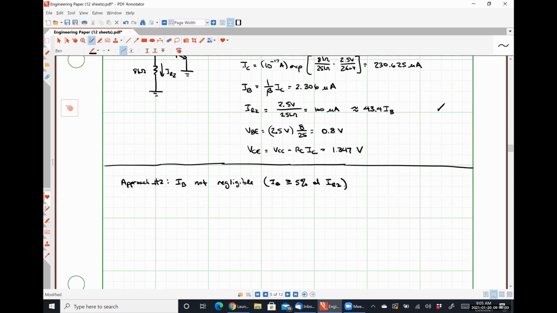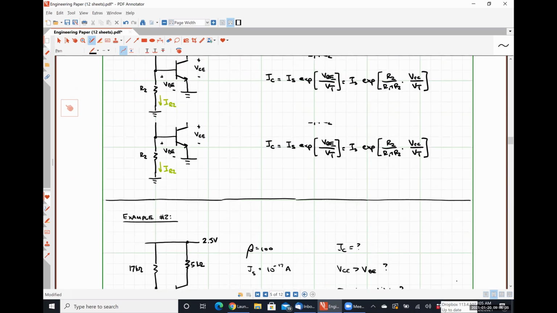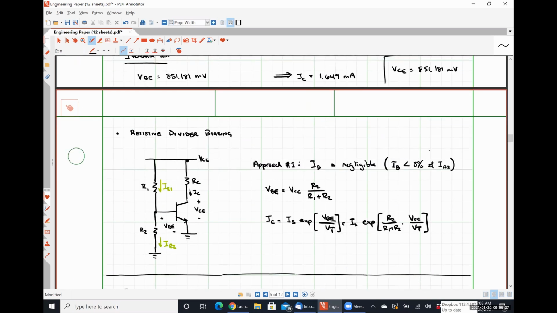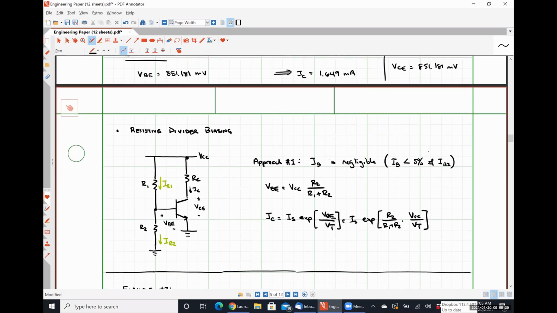We are going to approach this circuit now using Thevenin's theorem, or our Thevenin equivalent circuit to our voltage divider network to kind of make things easier.